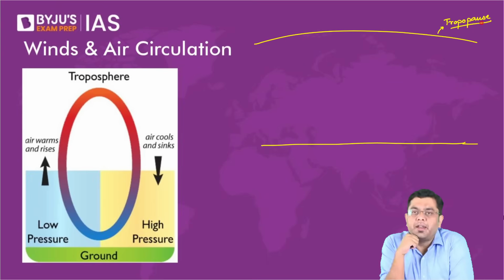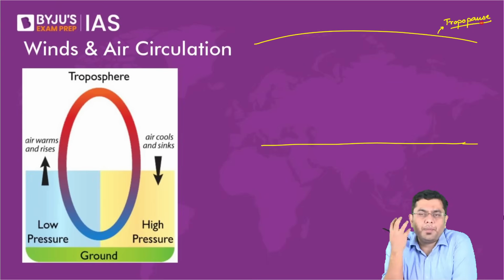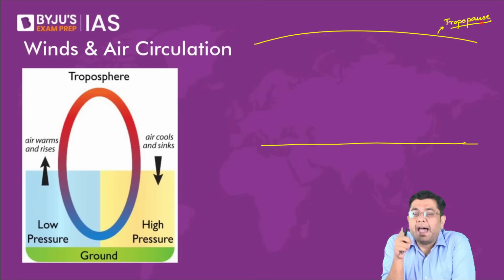Till when will the air rise up in general? When you have a warm air which rises up, till when will it rise up? As long as it is warmer than the surrounding, only then will it be lighter than the surrounding, isn't it? So the air will always rise up only as long as it is warmer than the surrounding. I hope that is clear, right?